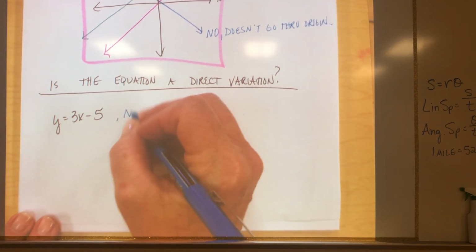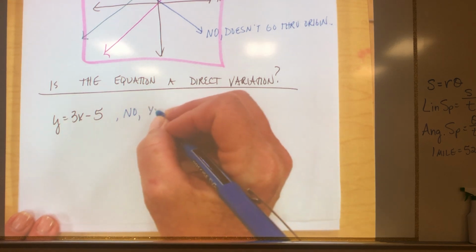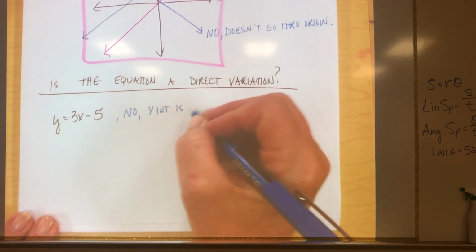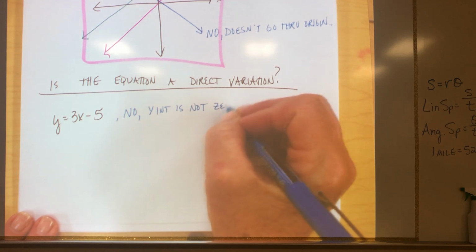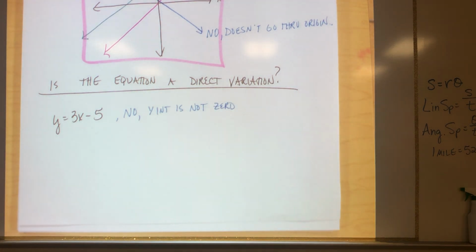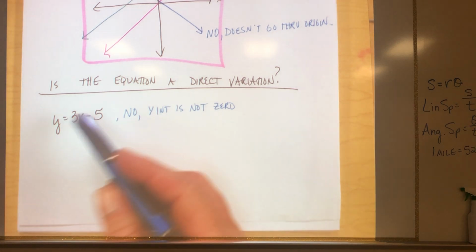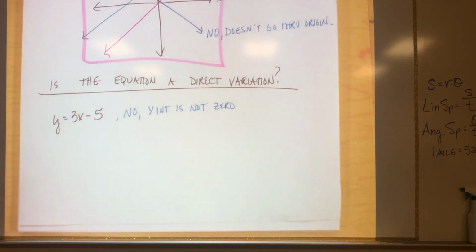No. Why? Because it doesn't have zero as a... Yeah, my y-intercept is not 0. Could you put the B and then the not equal sign, and 0? Yeah, but here's something that you guys need to learn. B is not 0, but do I know that you know what B is? No. Do you see what I'm saying? So when I ask about this, I want you to be as specific as you can be.